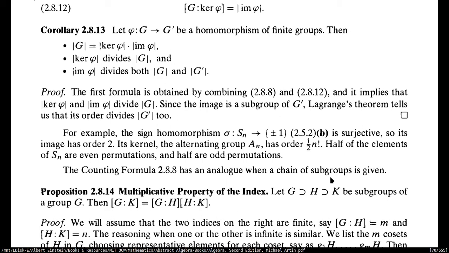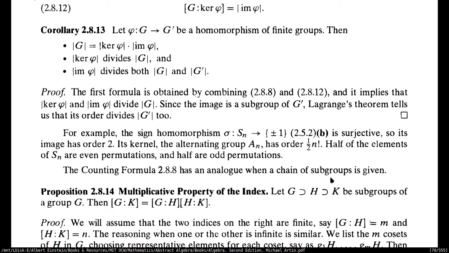Its kernel, as we've seen before, is the alternating group, and its order is half n factorial. There is half the elements of Sn, right?